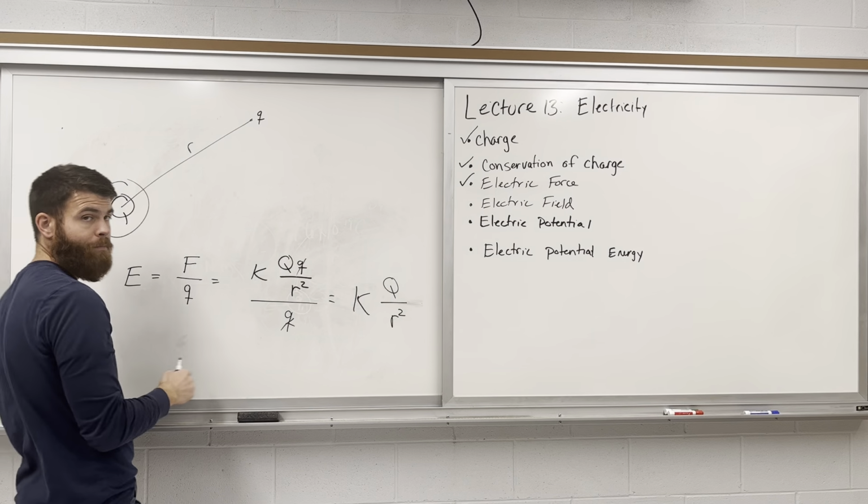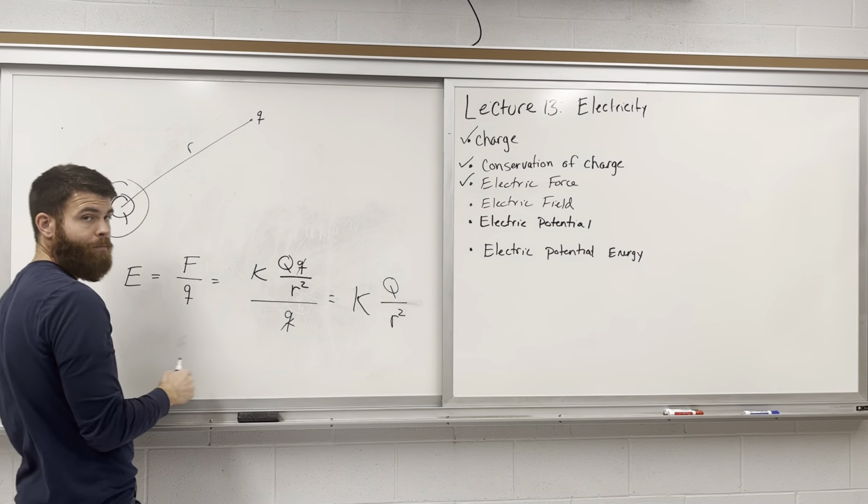Now what direction? We always assume that little q is positive when working with electric fields. So if capital Q is a positive charge and little q is a positive charge, that's going to be a repulsive force. I'm going to say red is positive.